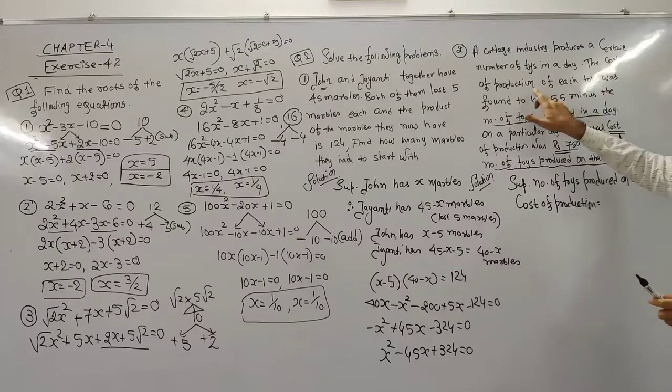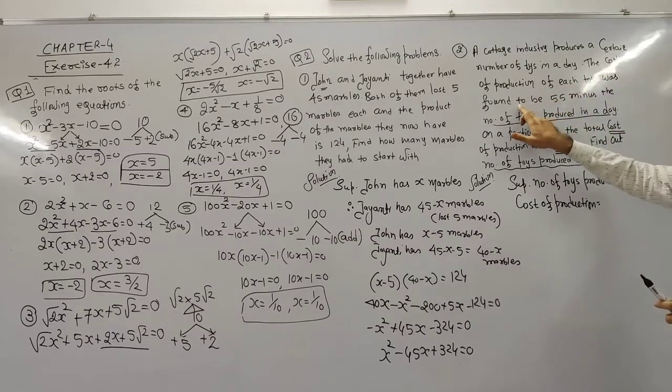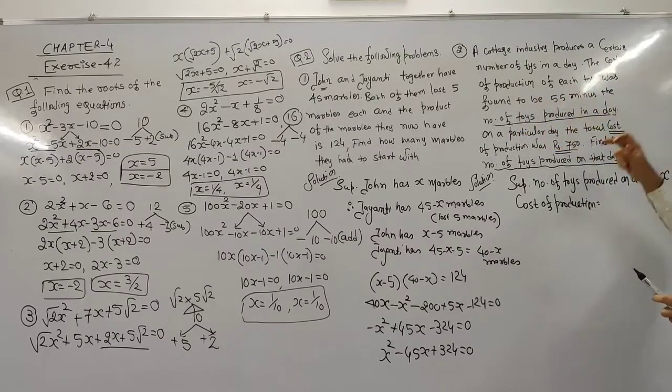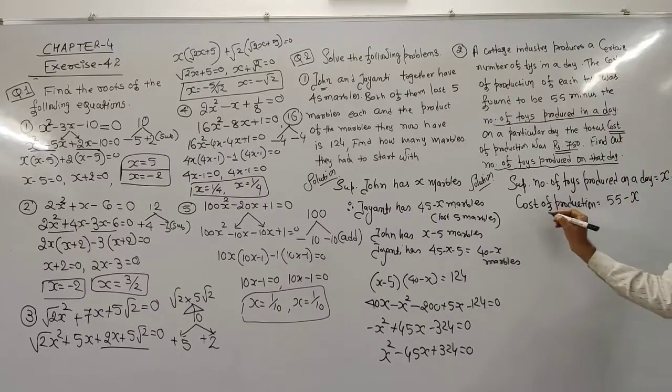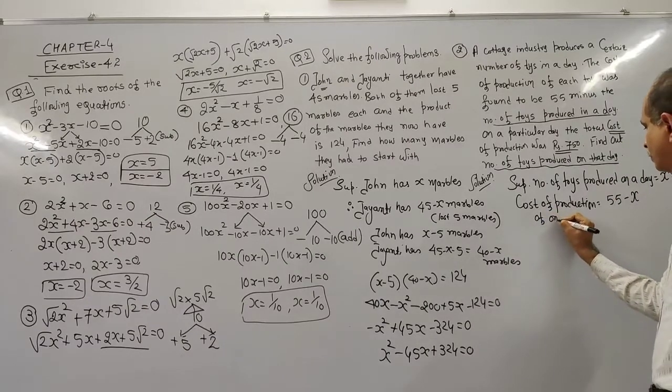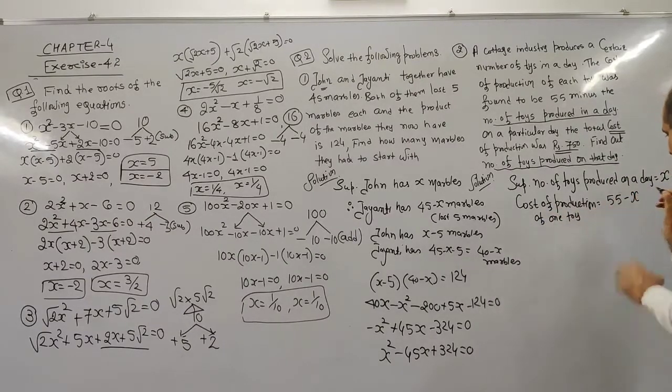So the cost of production of each toy was found to be 55 minus the number of toys. So the cost of production of one toy is 55 minus x.